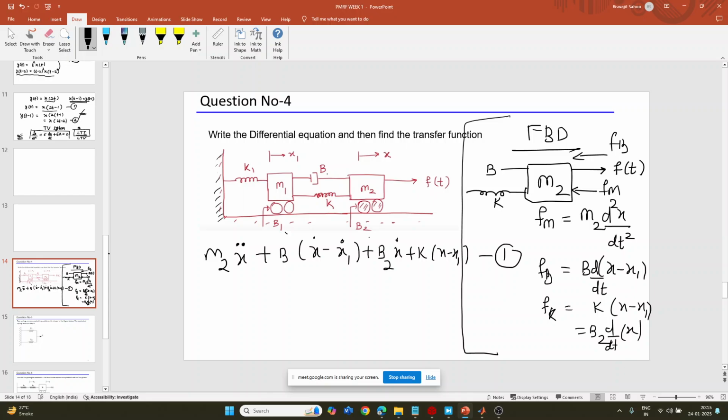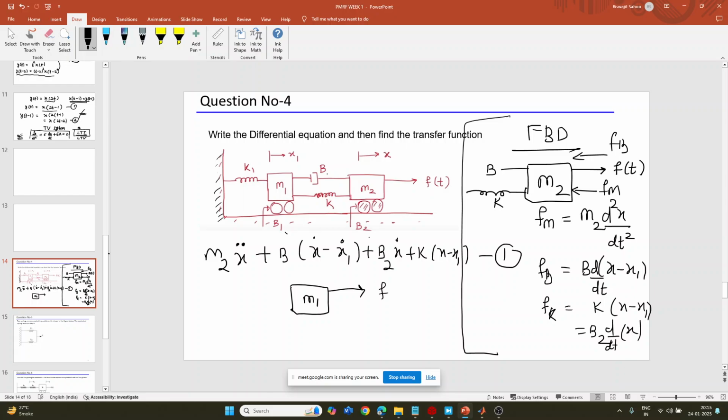Similarly, do the free body diagram of mass m1. Here is m1. Tell me, what is the right-hand side force on m1? Is there any external force on m1?